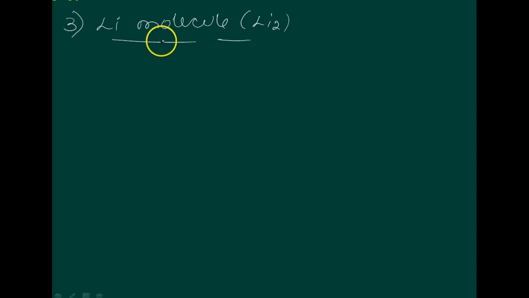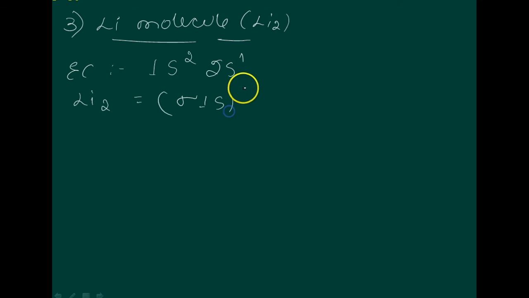Next, coming to the lithium molecule, Li2. The electronic configuration of lithium is 1s square 2s1. The electronic configuration of Li2 is sigma 1s square, sigma star 1s square, sigma 2s square.